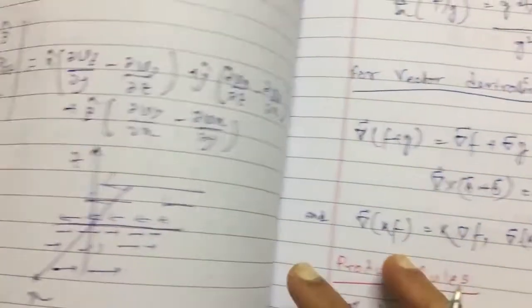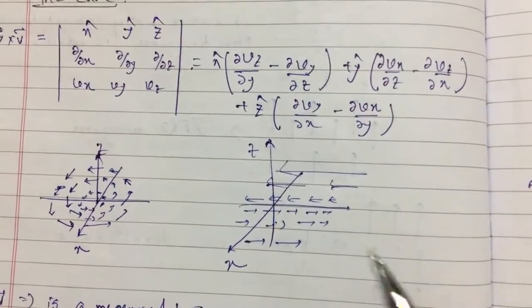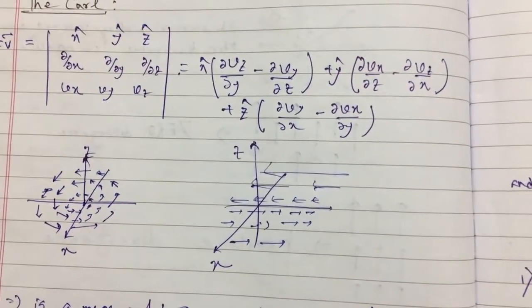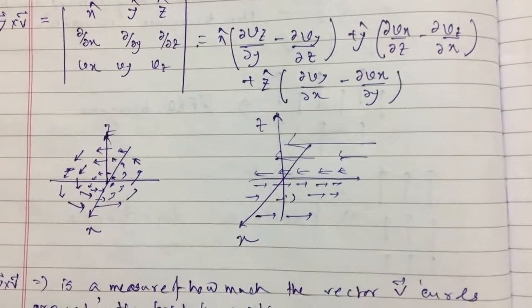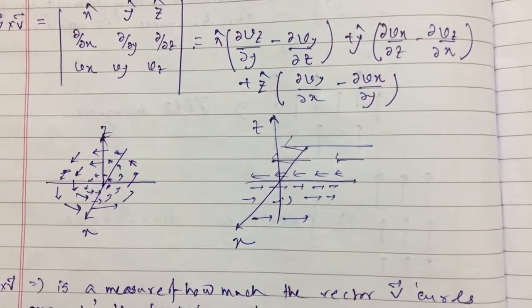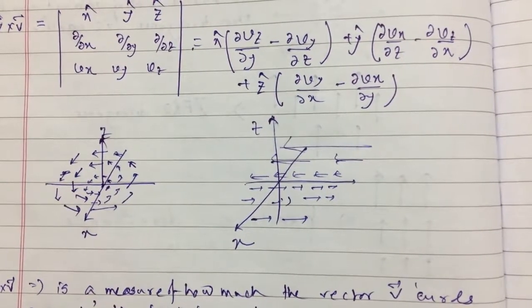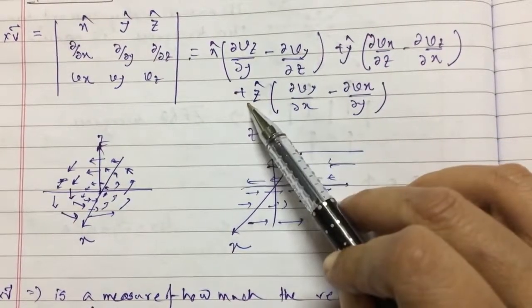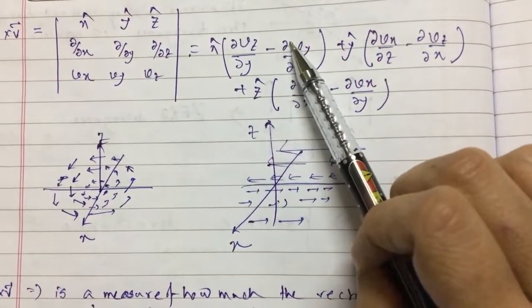Whereas if we see this, this point is having a substantial amount of curl, and as curl of V is a vector quantity, as we can see from this definition, the unit vectors are there. So this is of course a vector quantity.